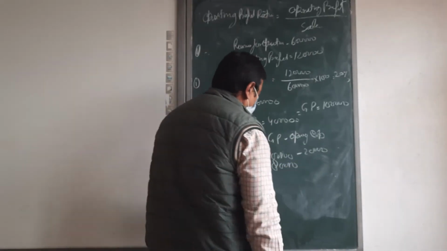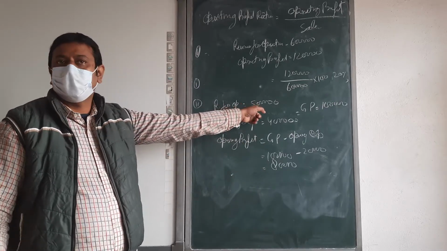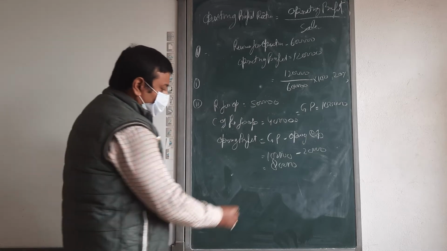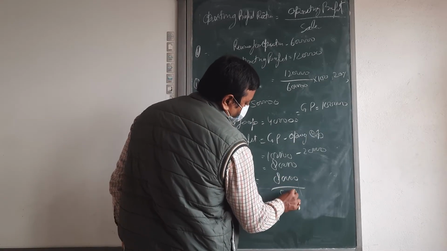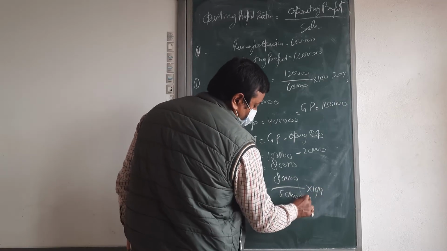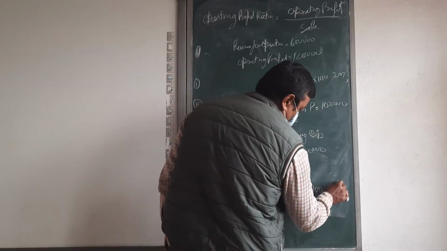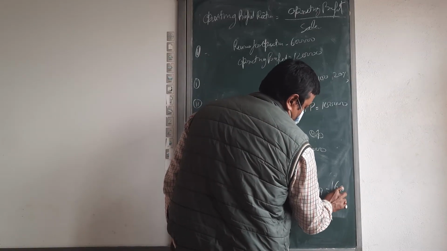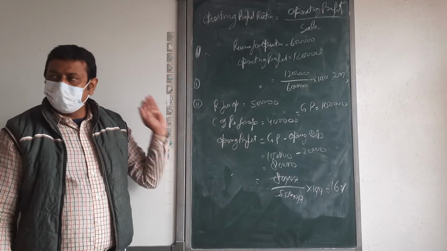It means you got the operating profit 80,000 and revenue 5 lakh. Then calculate 80,000 upon 5 lakh into 100. What amount is coming? 16%. Finished? Case third, very easy to solve.